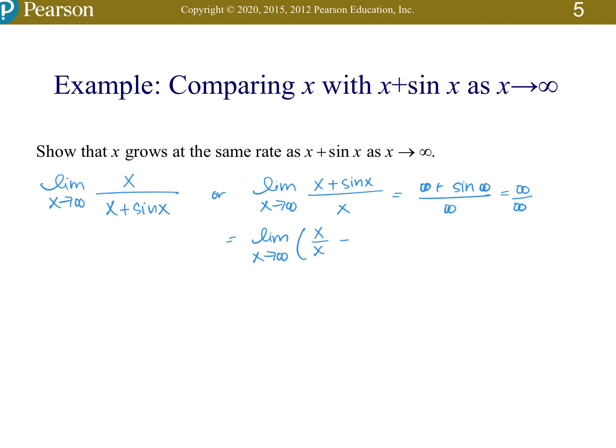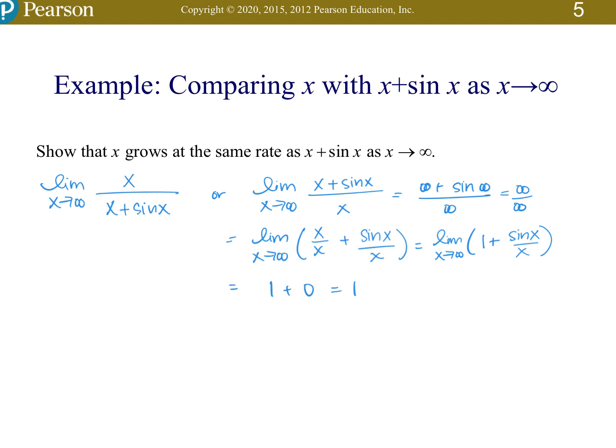So I'll get x over x plus sine of x over x. That's going to give me 1 plus the sine of x over x. And sine of x over x is one of those limits that we learned way back in chapter 1 of AB calculus. And so that's 1 plus the value of 0, which is 1.